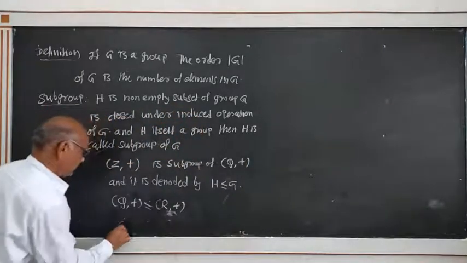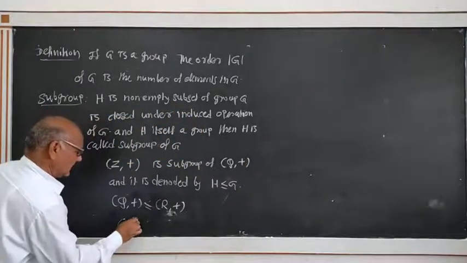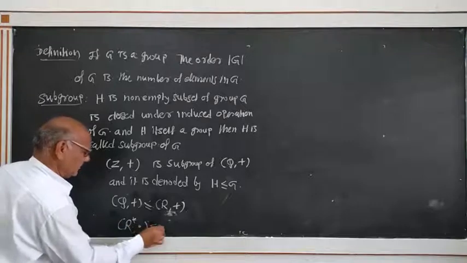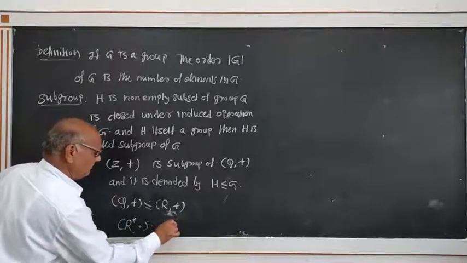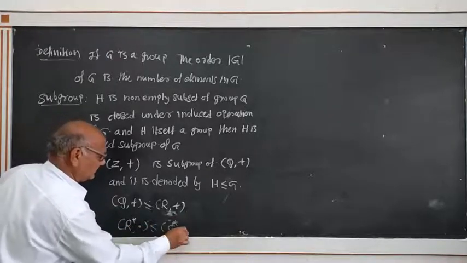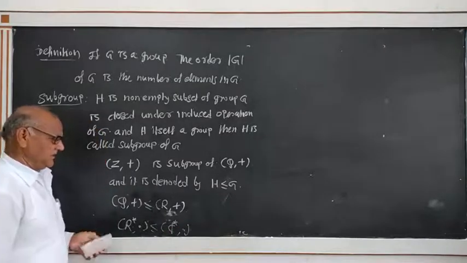And R star with multiplication is a subgroup of the non-zero complex numbers with multiplication.